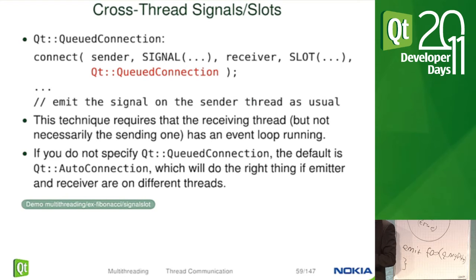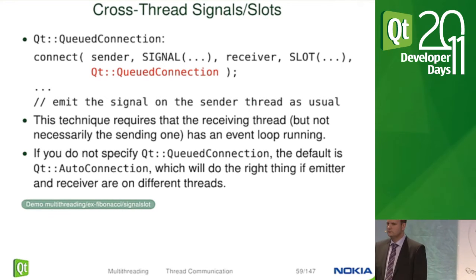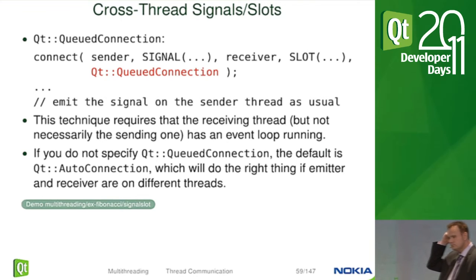And at that point, you will all of a sudden be in trouble. Right, because then you have a pointer to a no longer existing object somewhere in the event loop of the other thread waiting for execution. And when it's actually executed, well, you have an invalid pointer there, and you will most likely crash. So yeah, that's one of the important things to keep in mind.